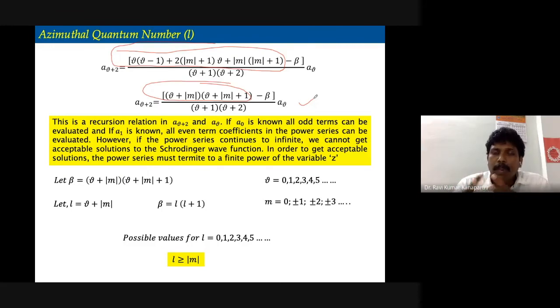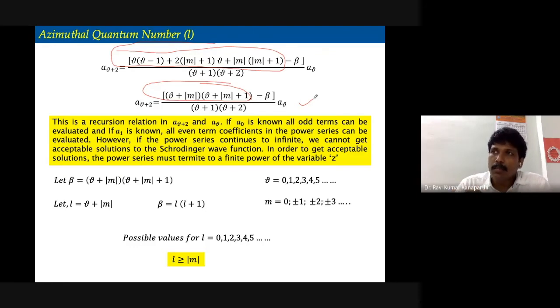But it is just similar to the harmonic oscillator problem. Please recall that any coefficient that you may think of in the infinite power series of g of z, please remember that g of z is equal to a naught plus a1z plus a2z square plus and so on. So the infinite power series is continuing, and all the coefficients can be evaluated using this particular recursion relation.